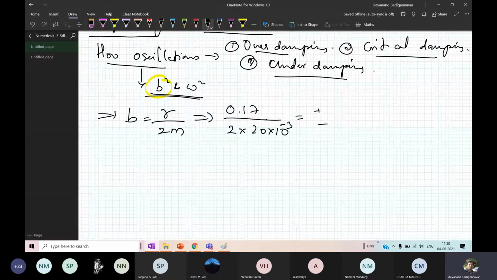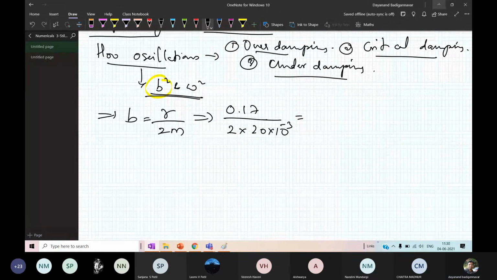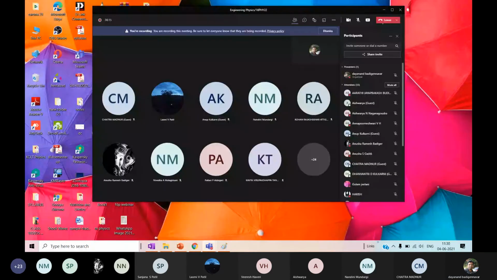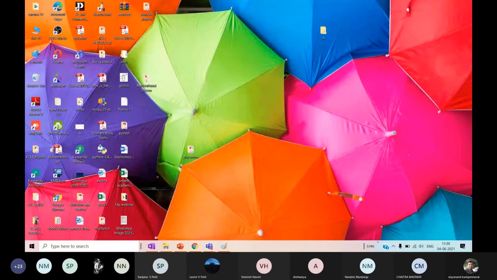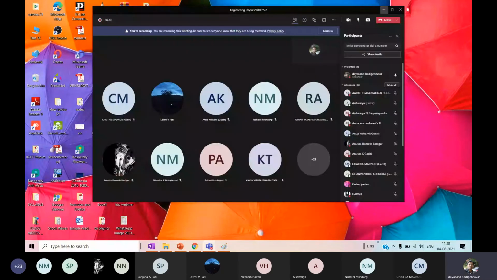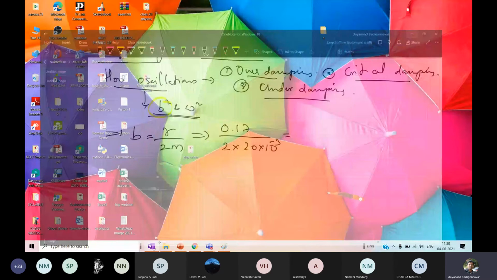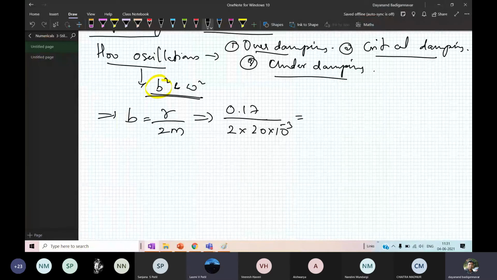Just a minute. Okay, anybody has to tell me the answer. What is the value? 0.17 divided by 2 into 20 into 10 to the power of minus 3. So what is the answer? 4.25. Very good.